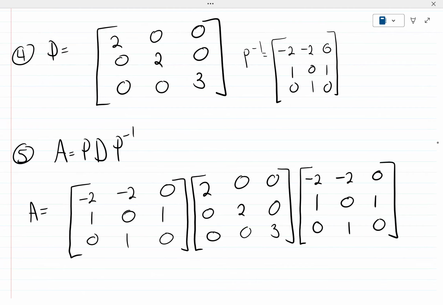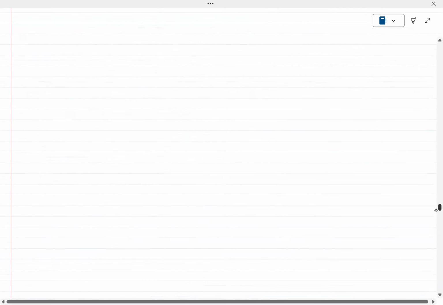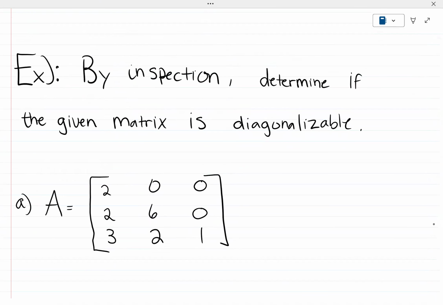Okay, let's do another one. In this example, by inspection, determine if the given matrix is diagonalizable. This is a 3 by 3 matrix, and what do you see that's so specific about this? These are all zeros, so you form a triangular matrix, right?